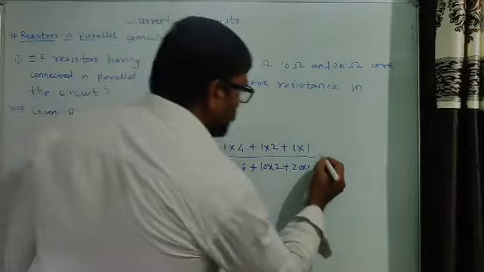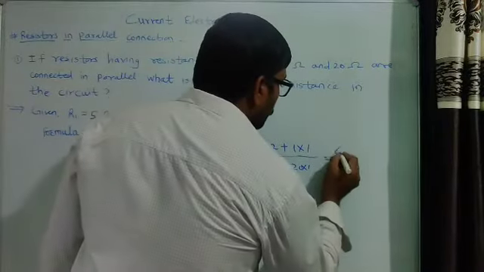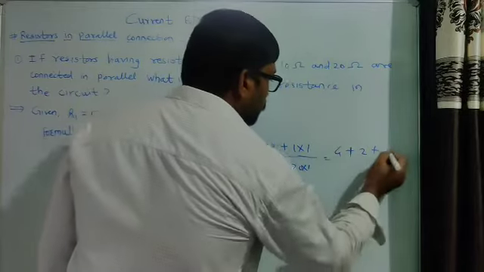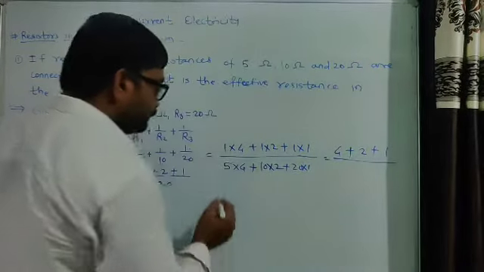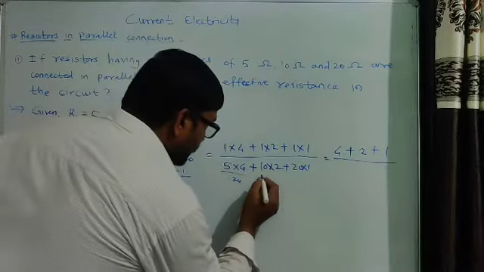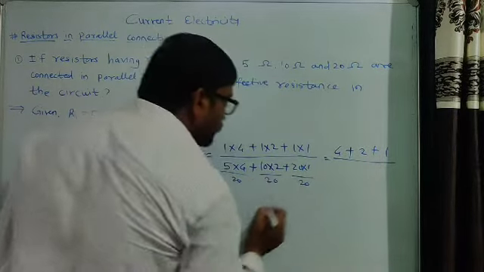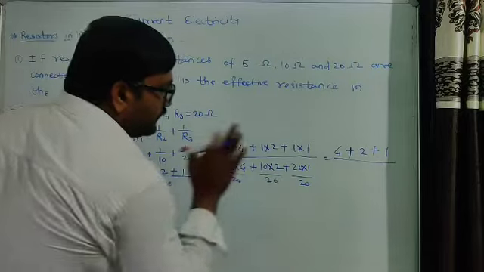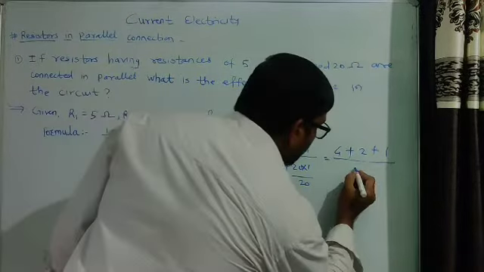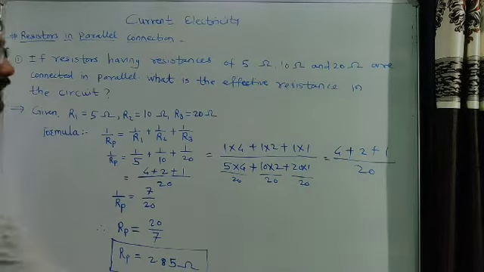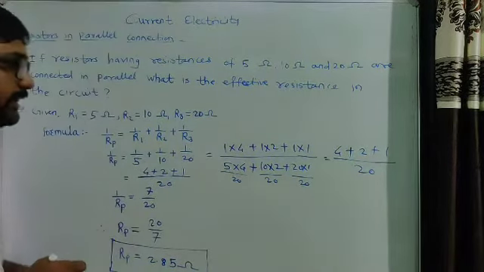Look here: 1 into 4 is 4, plus 1 into 2 is 2, plus 1 into 1 is 1, over 5 into 4 is 20, 10 into 2 is 20, 20 into 1 is 20. Now the denominator is common, so we can write 20.